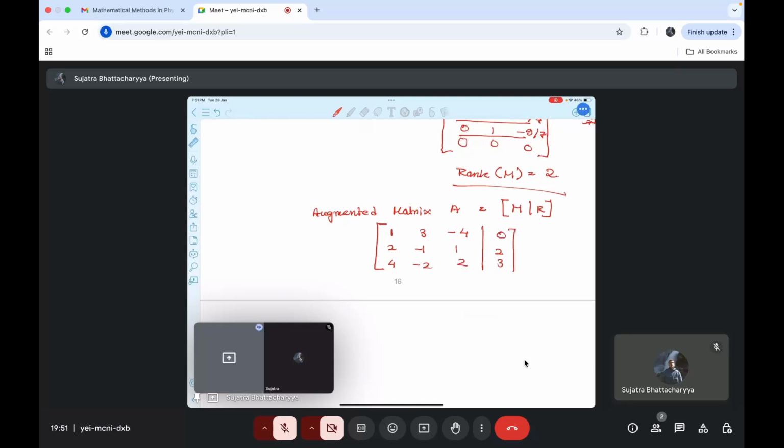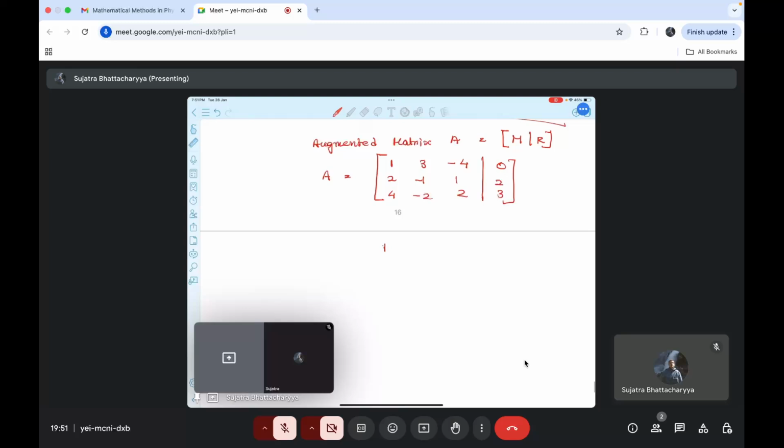That's all. This is your augmented matrix A. Let's see what is the rank of it. Okay, this is what the question is. What is the rank of it?